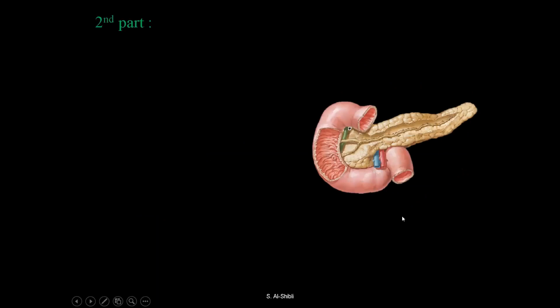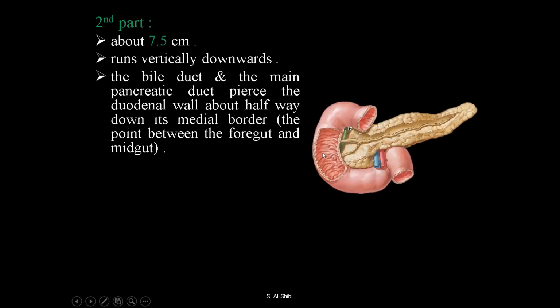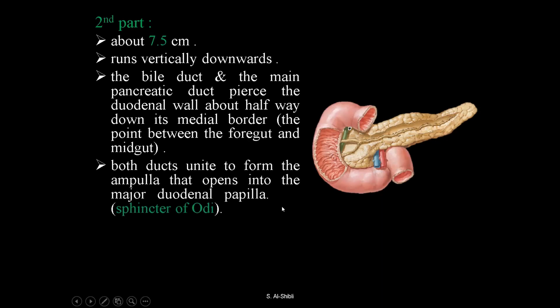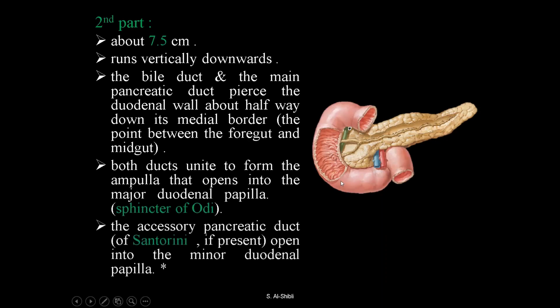Okay. The second part is the most important part because the bile duct opens with the union of the main pancreatic duct of Wirsung at the major duodenal papilla, which is guarded by the sphincter of Oddi. Sometimes we have another duct, the accessory duct of Santorini, that opens a little bit higher at the minor duodenal papilla.